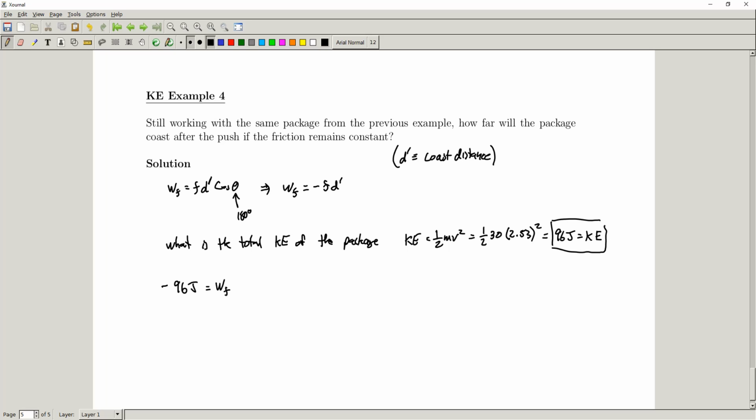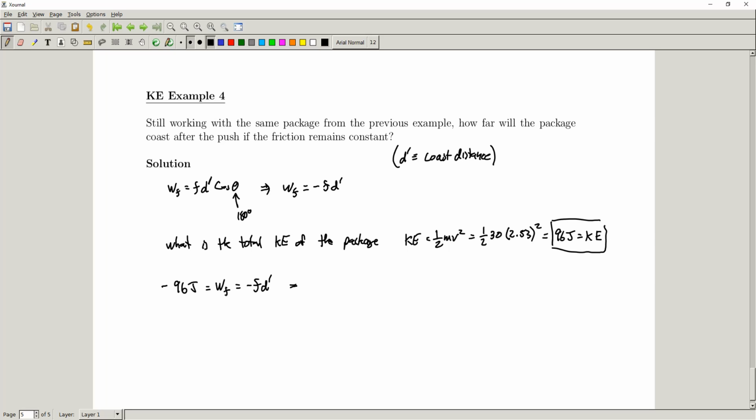So we know we need to do negative 96 joules of work on this thing, and that has to all be done by the force of friction. And we know that the work done by friction is going to be equal to minus fd prime from this expression up here. Okay? And because of that, we can generate this expression here.